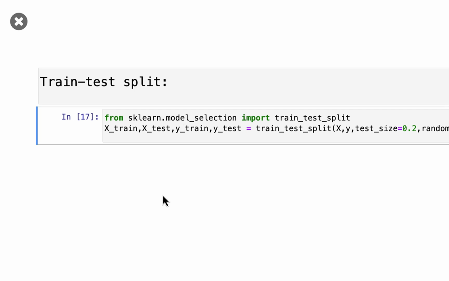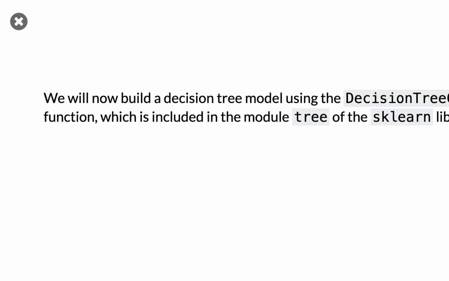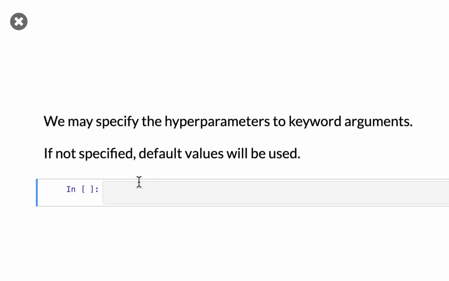All right, so this is the train test split. Now we come to the most important part, which is to build a decision tree model. Well, it's actually very easy in terms of implementation. What I want to demonstrate is what kind of arguments you can provide to the model. And those are essentially hyperparameters. So let's do sklearn.tree.